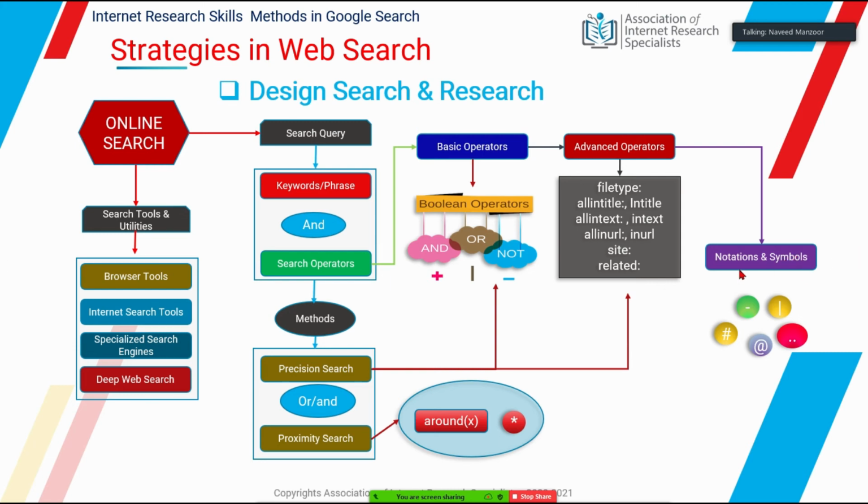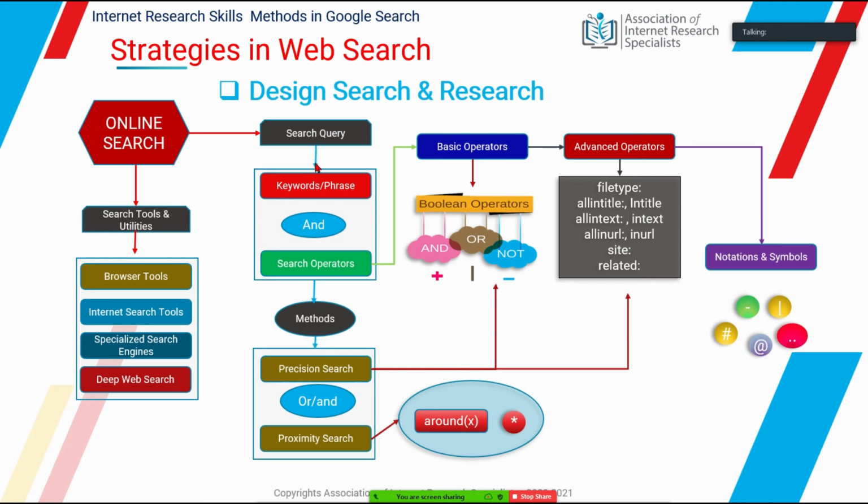Then we've got the third element, that is notations and symbols, which you have to understand are different from the words, and how the notations can be most useful in building very complex queries. Just a few search words alongside the notations would bring a lot of precision in results, only if you understand how they are used, for what reason, and in what situation they need to be applied.